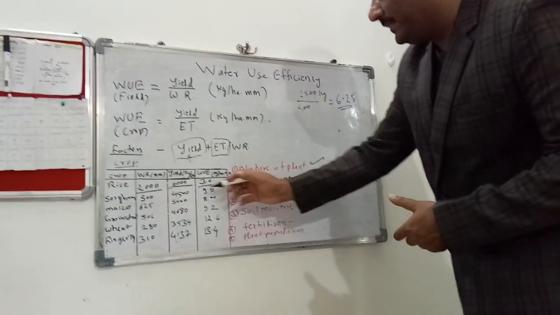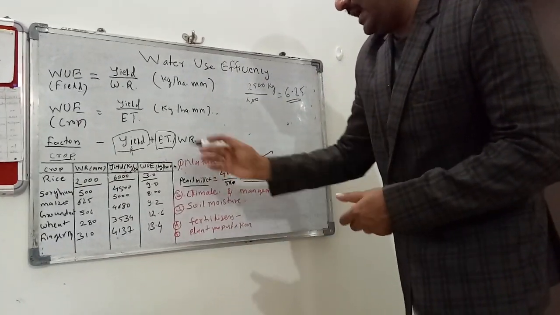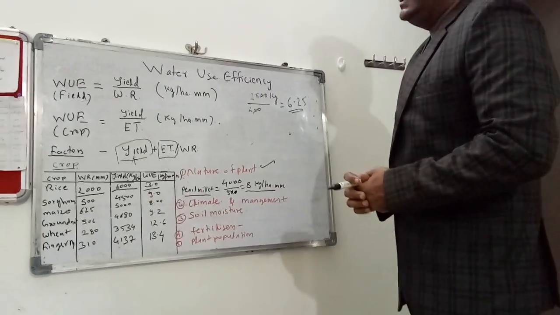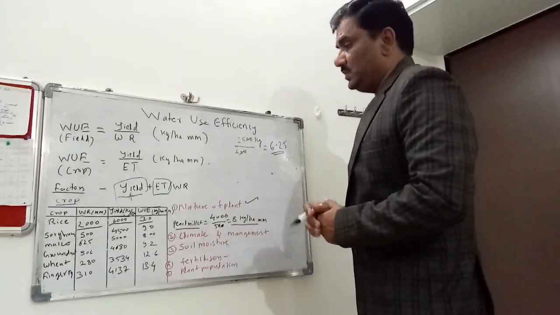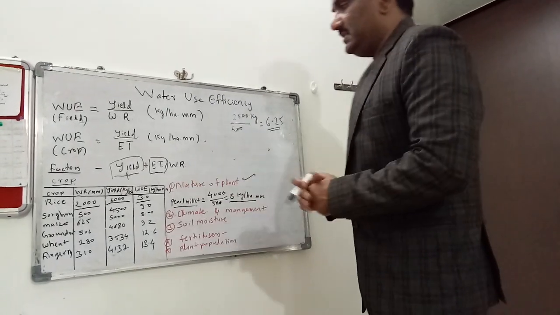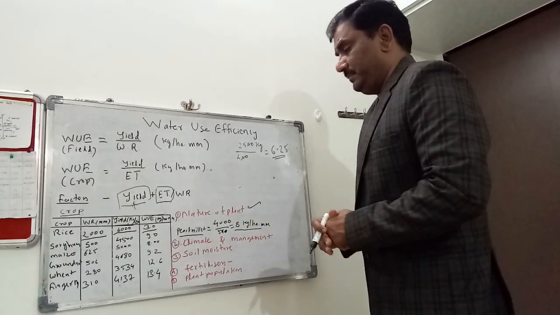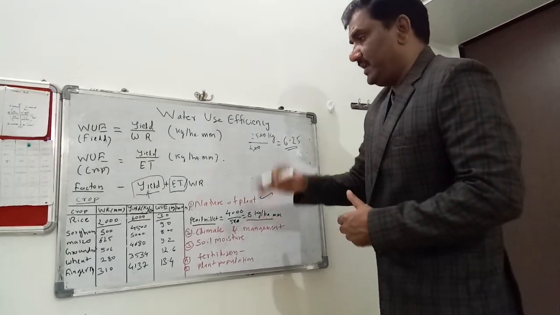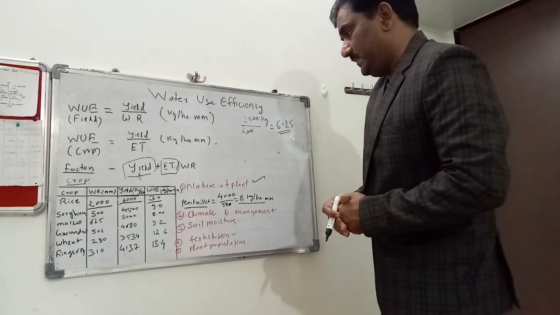Here we can see the lowest is rice and the highest is finger millet, also wheat, because of low water requirement and also greater yield. Those factors which increase yield and those which decrease water requirement will definitely increase the water efficiency.